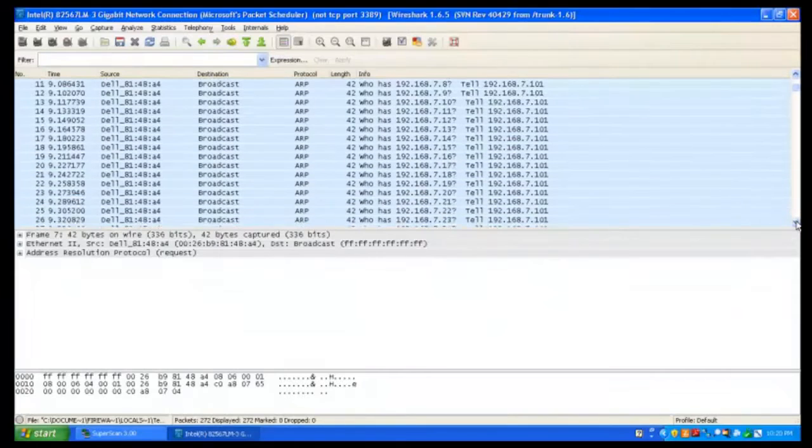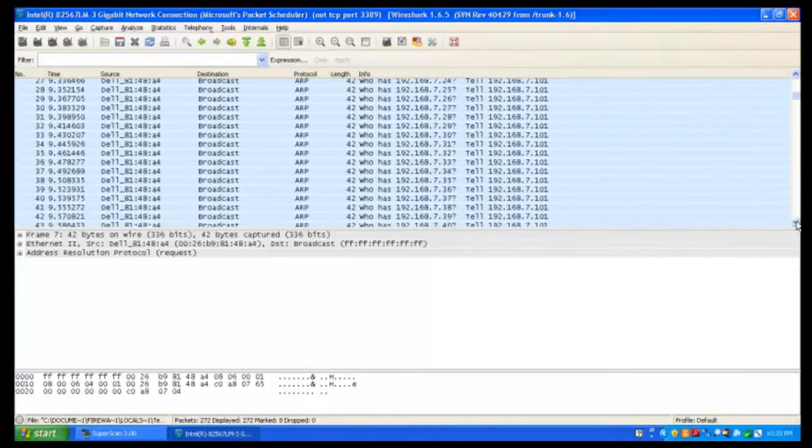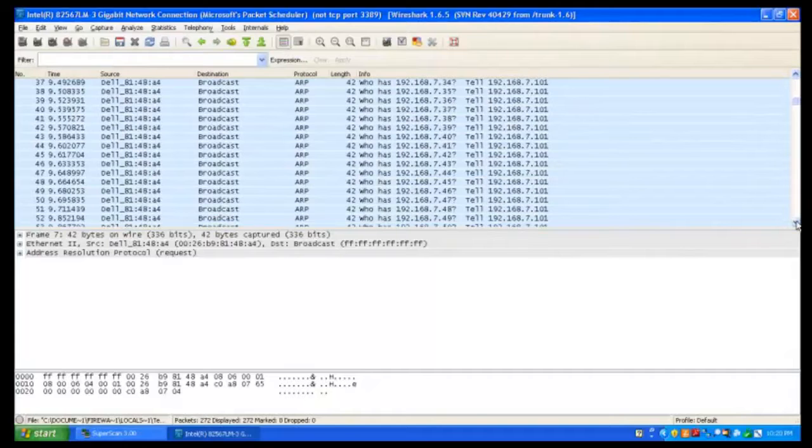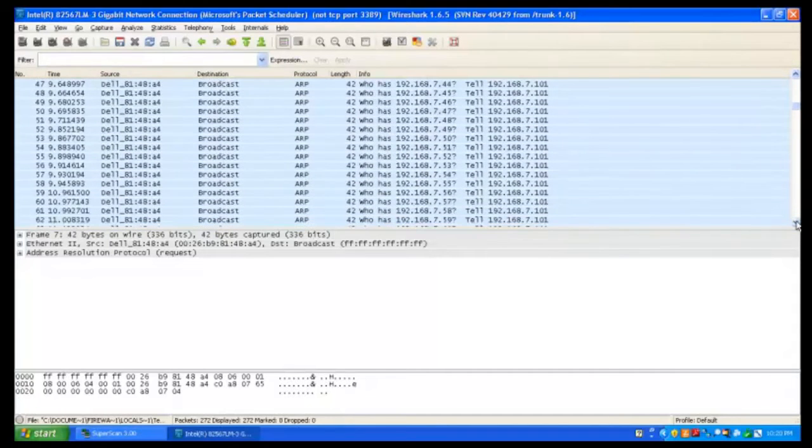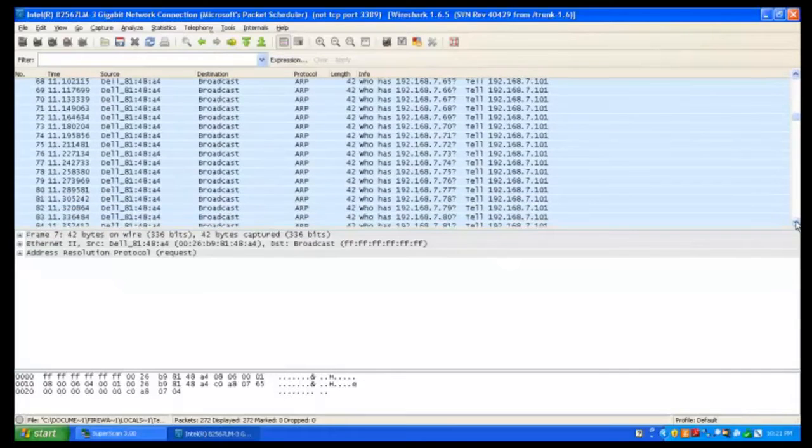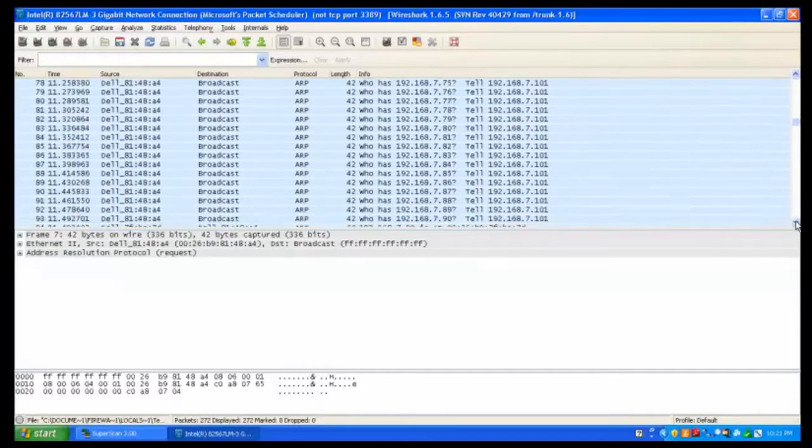So that's why we see all these ARP packets. We're on the same network. So the computer itself that's running the ping sweep is responsible for addressing the packets directly, and to do that it needs to do an ARP broadcast.